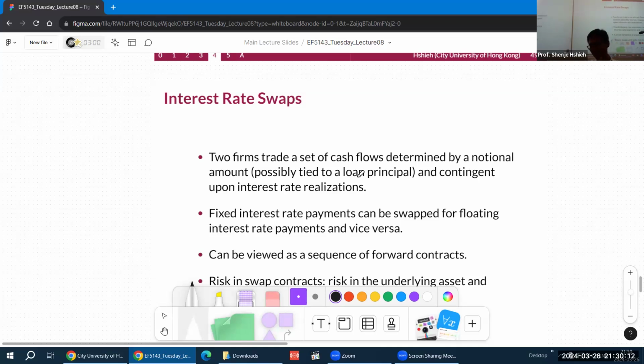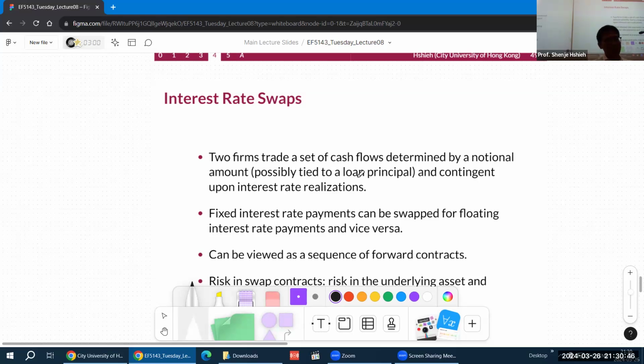Remember what a bond is: you have cash flows every period up to maturity, and then one final payment of interest plus the principal. Interest rate swaps have the same structure. You have equally spaced intermittent payments all the way to maturity, and then you deliver the final payment plus the notional amount. They call it a notional amount, but it just means principal. It works the same way.